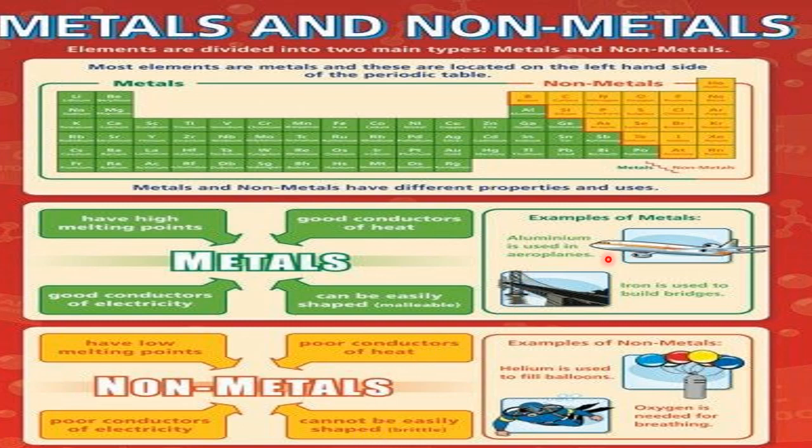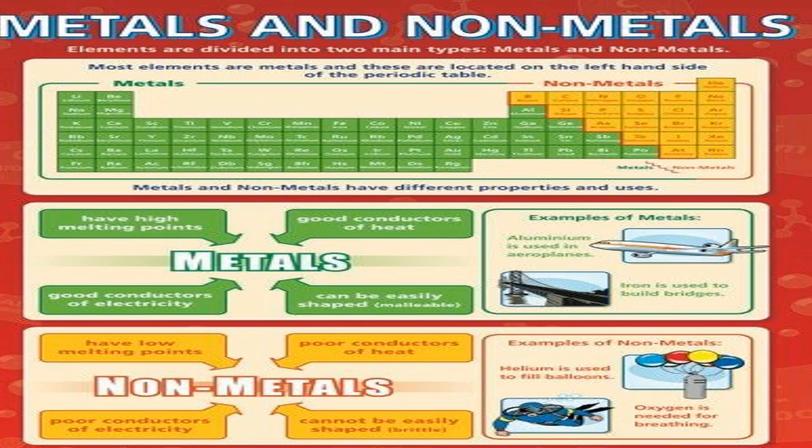Here are some uses of metals, like making airplanes and bridges, and non-metals are used in filling balloons. Oxygen is a very important non-metal. We can't live without it. We can't even live one minute without oxygen.